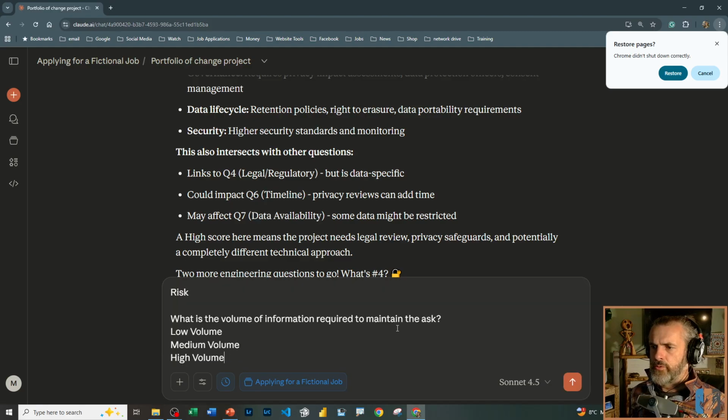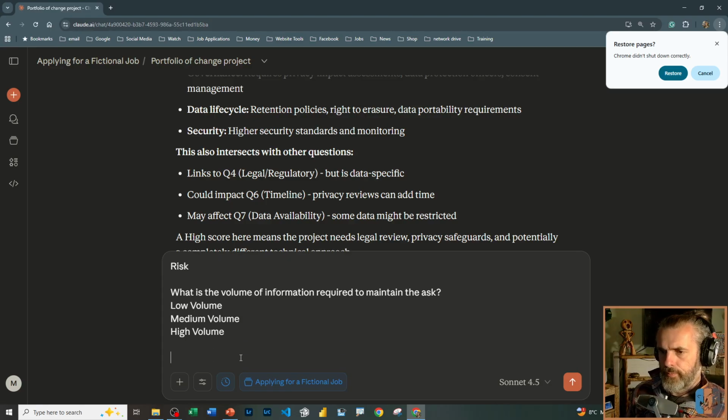What is the volume of information required to maintain the ask? Low, medium, or high? Can you help me with this one, please?